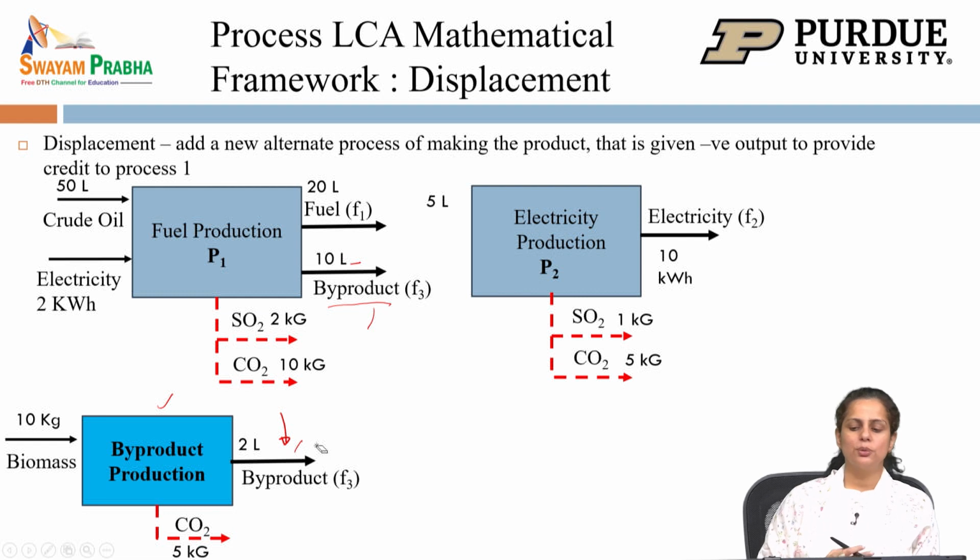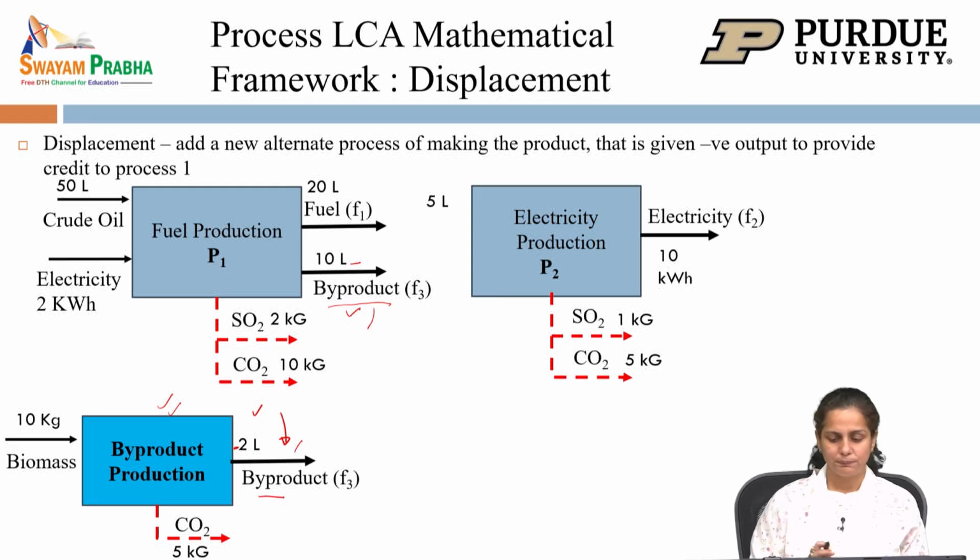The way we do the displacement is that we introduce the system and make the output from this system negative, because we are saying that whatever is being made by process 1 is displacing this production process. So, we include this unit process and suppress that output from that unit process, and we will see how we do it in the matrix form.